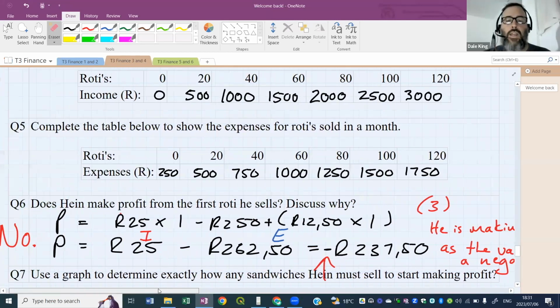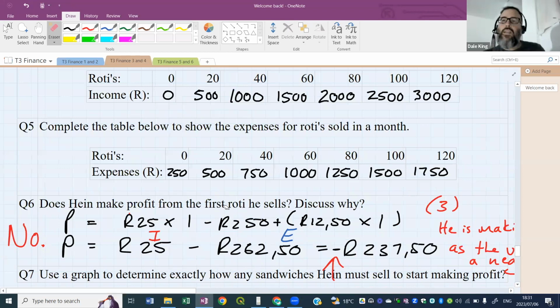Now, not yesterday, Tuesday's scenario, ladies and gentlemen, and tonight's scenario, we never made profit from the first item sold in both situations. I highlighted it on Tuesday and I'm going to highlight it again. Here in the expenses table, this 250, it could be 500, it could be 5,000, it doesn't matter what it is.